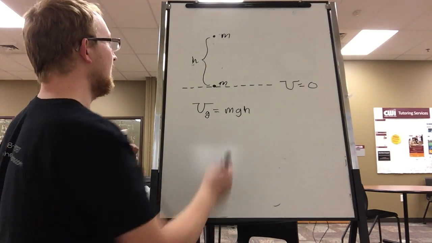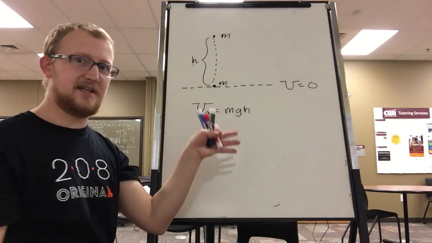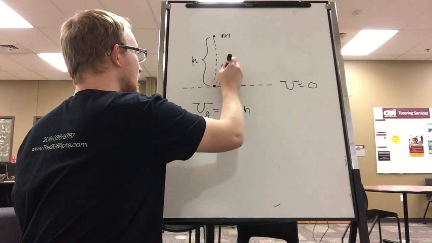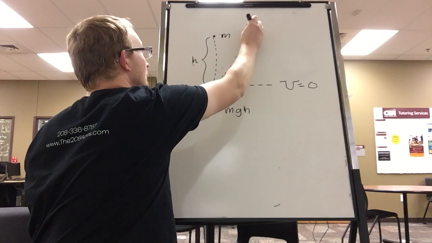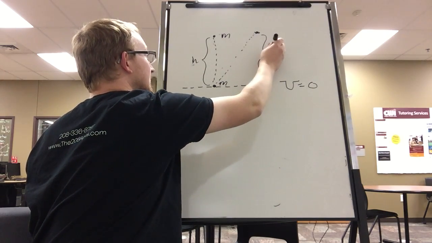For example, if I move the ball this way, my potential energy due to gravity is mgh. If I move my ball up this way, the potential energy is still mgh.